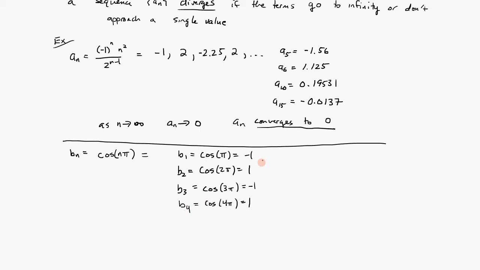You can see that this will keep continuing, going between -1 and 1. Because the sequence alternates between -1 and 1, it doesn't approach a single value, so this sequence diverges.